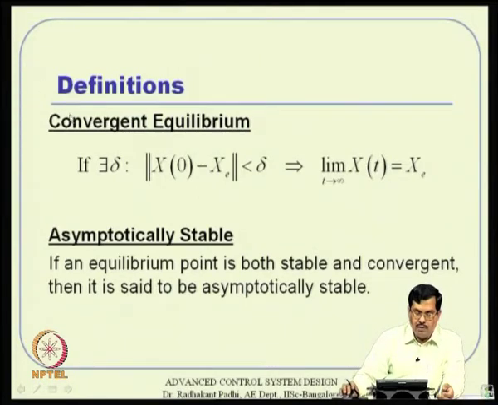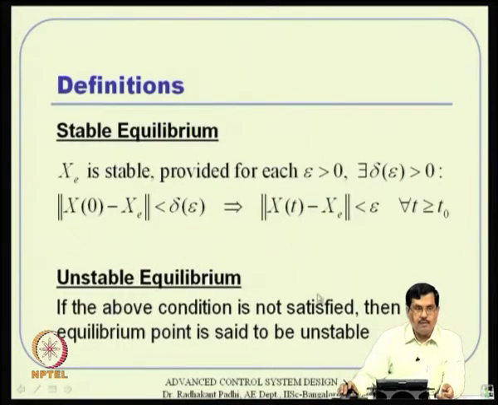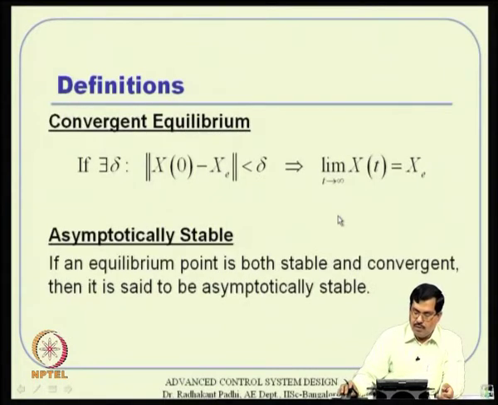This definition is what is called a convergent equilibrium, which has nothing to do with stability. Remember, stability requires that for all time t greater than t0 the trajectory remains within the epsilon ball, but the convergence notion tells you that in between it can go anywhere it wants, but ultimately as t goes to infinity my trajectory will converge to the equilibrium point.